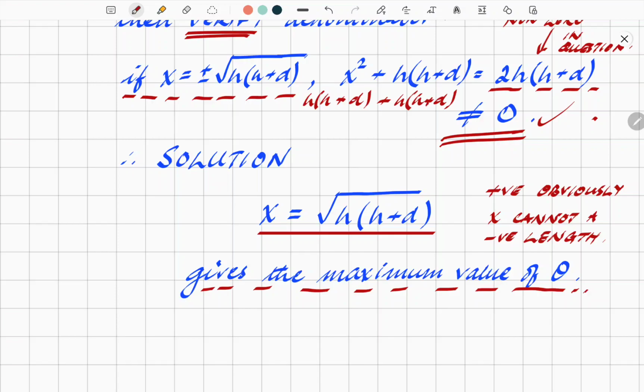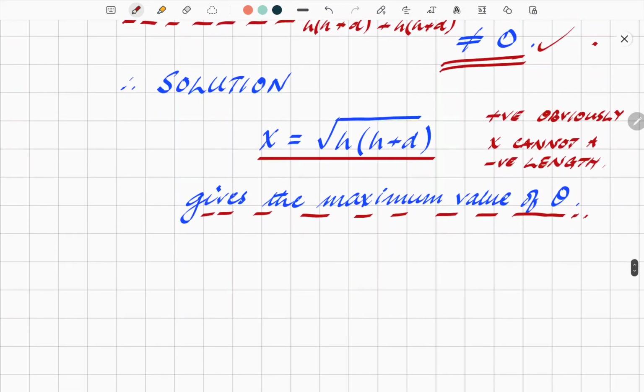Now, a couple of notes. If you watched this far, this is not the most difficult of STEP questions. It is the second question in a STEP 1 paper. So not the most difficult. However, there's lots of little matters of technique that you need to remember in this.